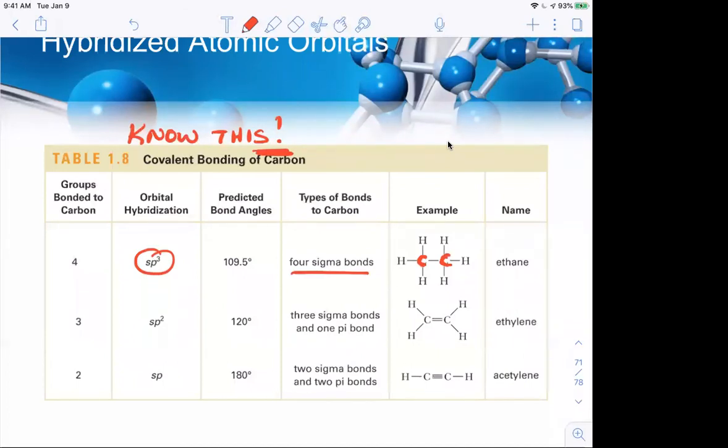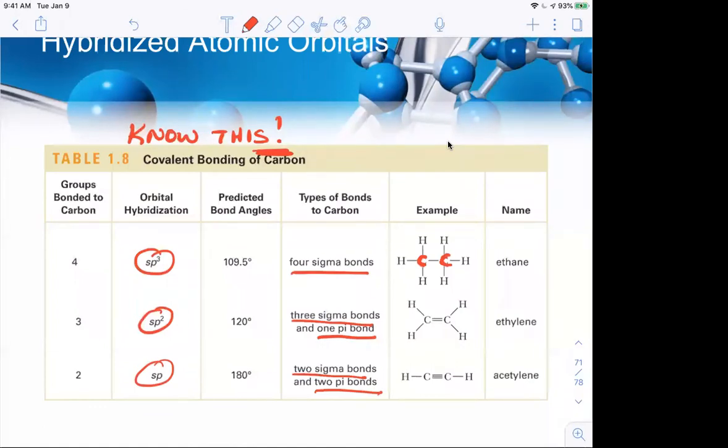That gives me tetrahedral. If I have 3 sigma bonds and 1 pi, that's going to be sp2. That's trigonal planar. If I have 2 sigma bonds and 2 pi, that's going to be sp, and that's going to be linear. So this is what you have to know out of all that treatment.